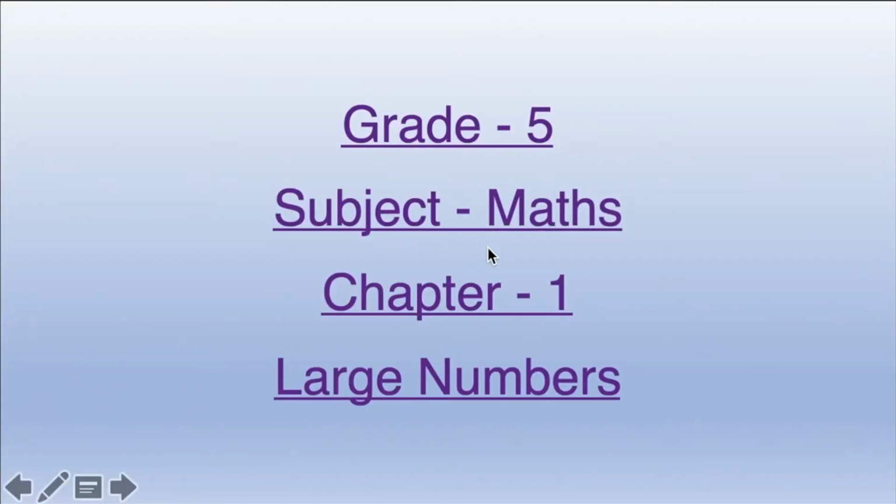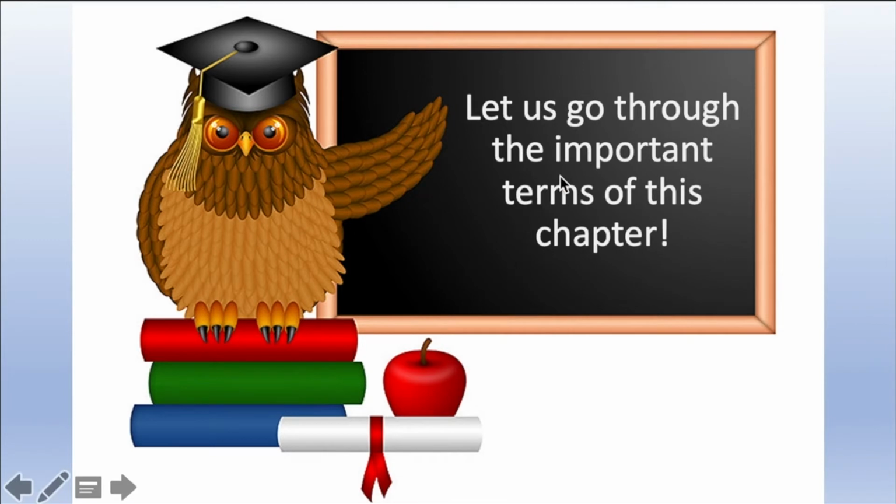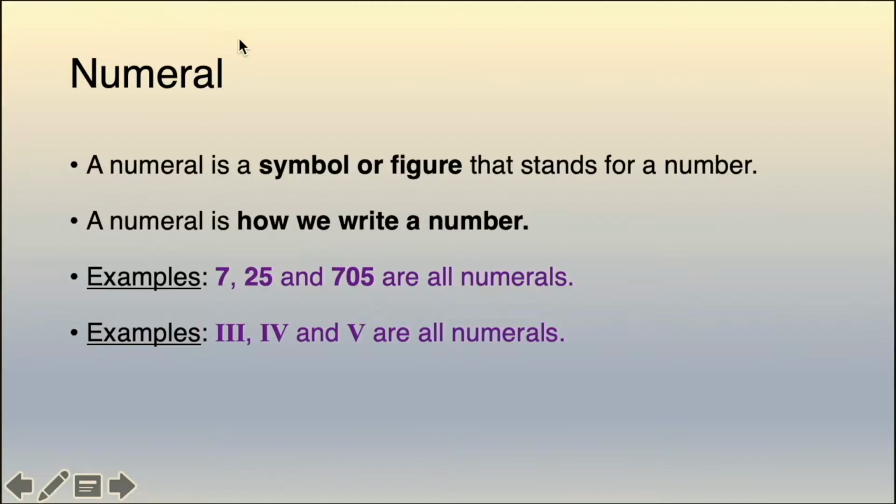So, students, let us go through this PPT of first chapter Large Numbers, which consists of the important terms of this chapter. Now, what is a numeral? A numeral is a symbol or figure that stands for a number. A numeral is how we write a number. Now, when I say 7 apples or clapping 7 times, then how do we show that number?